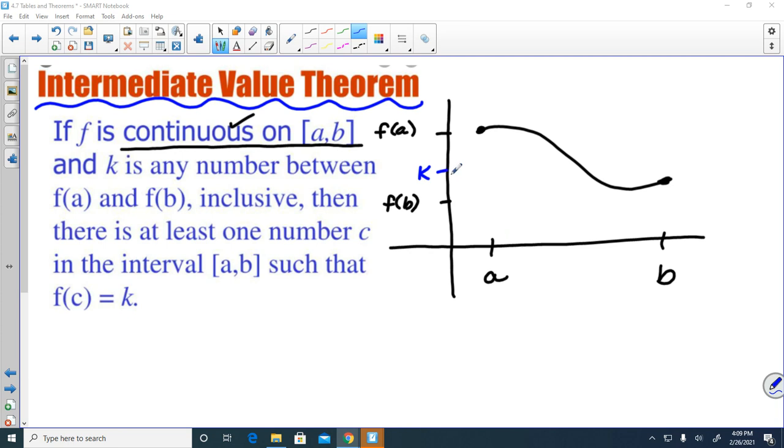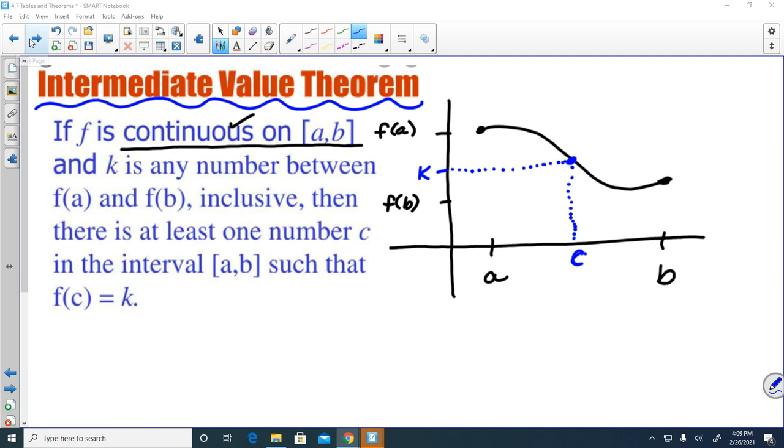What that is saying is that there has to be a place on this graph that has this y value, and that number has to fall in between a and b. So look what happens. If I trace this over to the graph, here it is. It hits the graph. So that means there has to exist this number c in between a and b that has this y value. So f of c is the same as k.